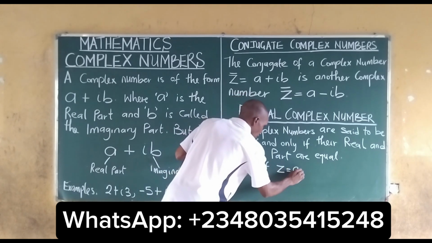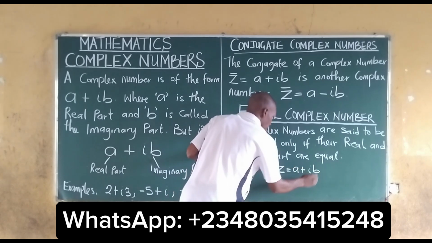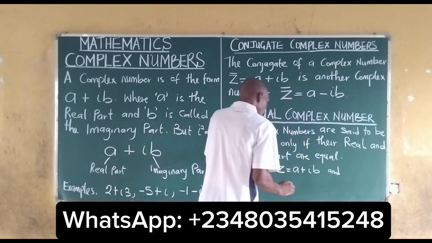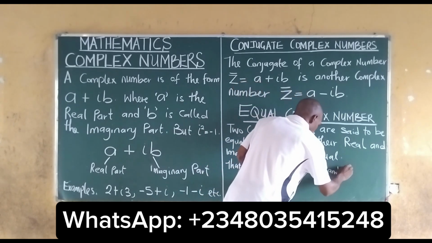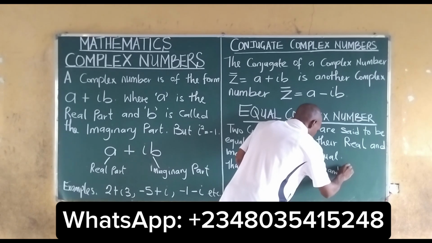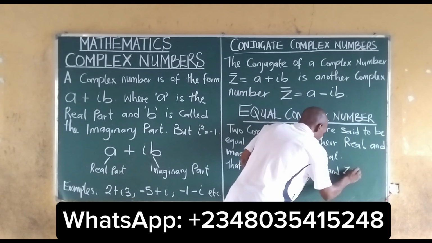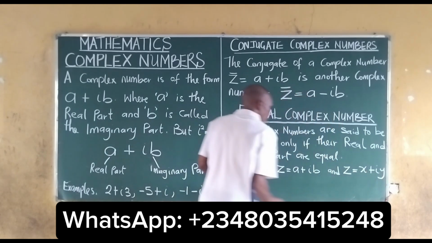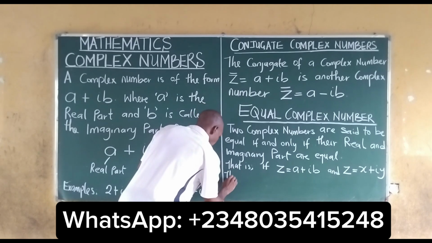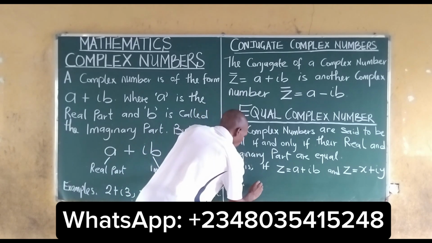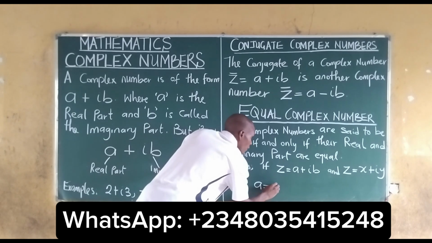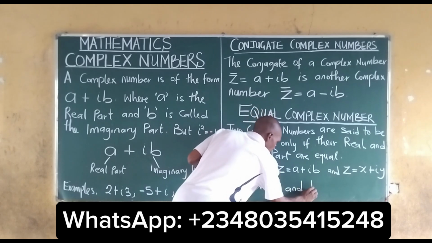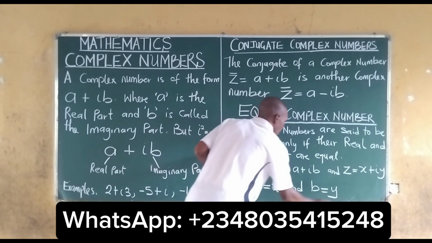z is equal to a plus ib and z is equal to x plus iy, then a is equal to x and b is equal to y.